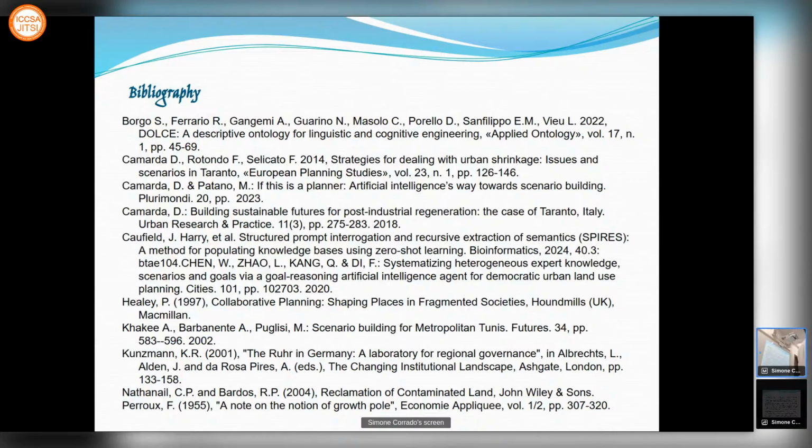The second one, we have tried to do. There are several experiments. We have tried to do an experiment for the city of Bari in this case, assigning different stakeholder positions to the machine. You imagine that you are a farmer. What is your vision? Imagine that you are an old man, retired, or you are a tourist, an entrepreneur. We did this.